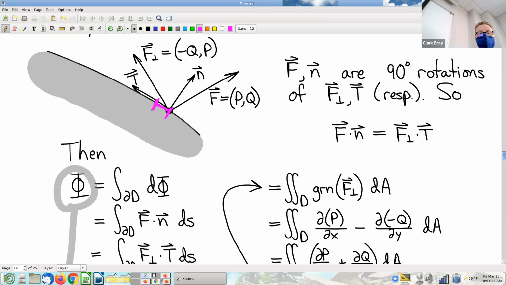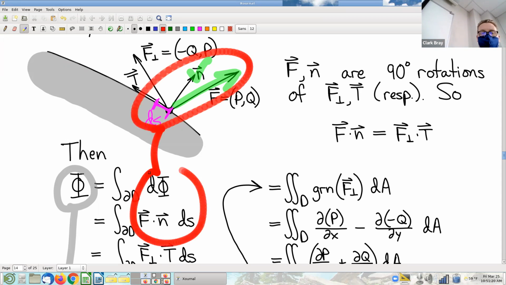How would I compute flux through that little piece of boundary curve? Well, I know the vector field. I have the normal vector. This little piece has size, let's say ds, and the grand total then is the flux, f dot n ds. This is just the idea from the previous page. Flux is the relevant component of the vector field times the length of the piece of curve.